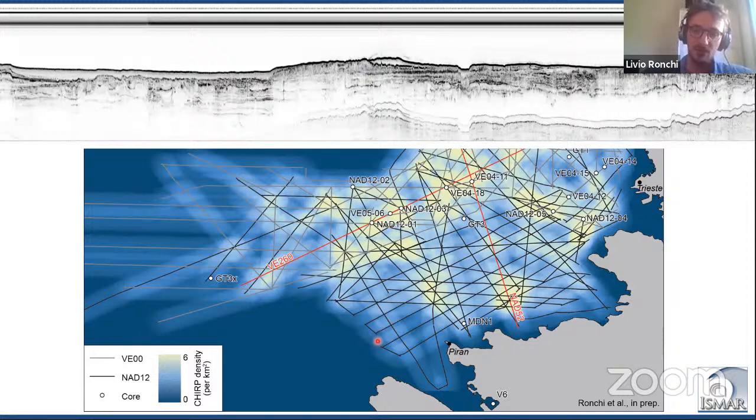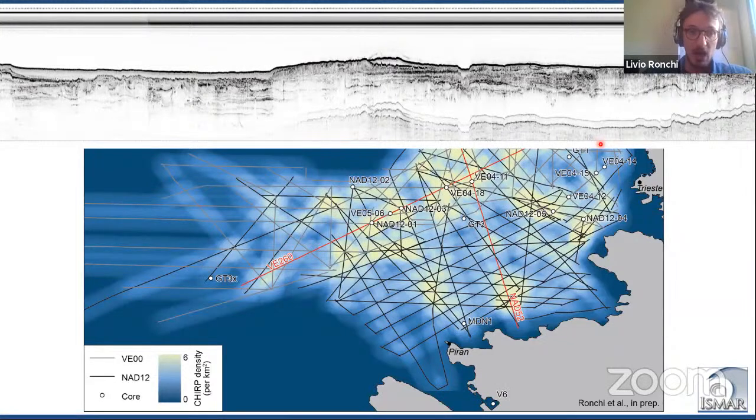And this is one of them. This is VE 260, it goes from left to right, from southwest to northeast. This line here is the seafloor, and all the reflectors you can see are typically acoustic impedance contrasts.